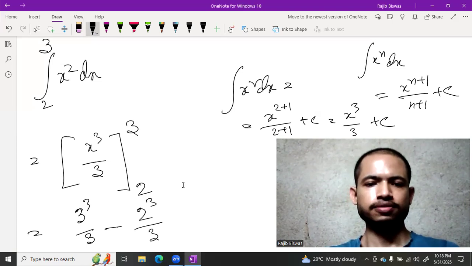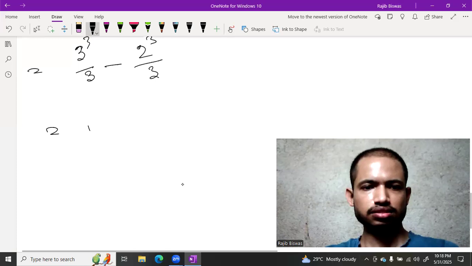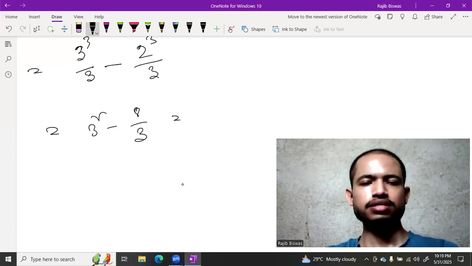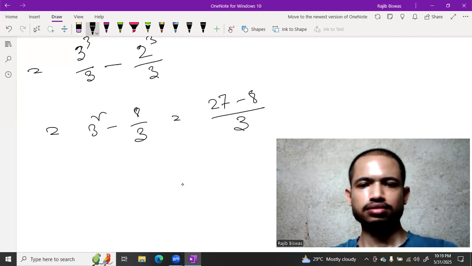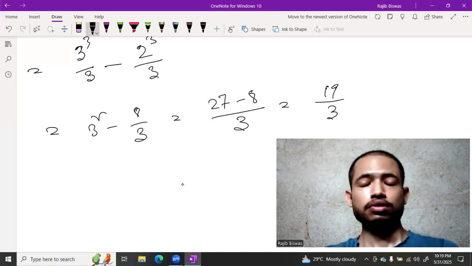So ultimately the value is 3 square minus 8 by 3. I mean, it is 27 minus 8 by 3, right? Equals 19 by 3.